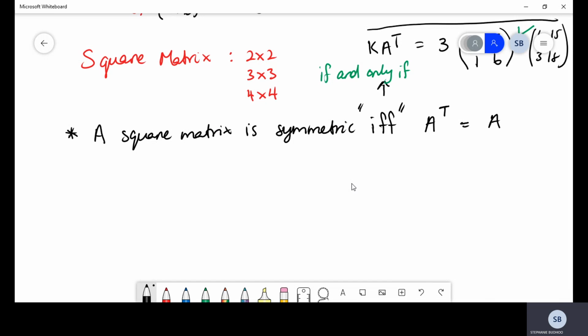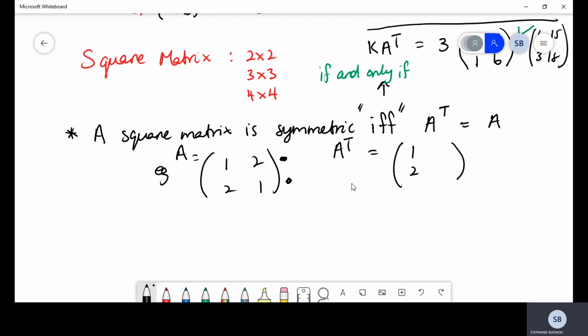So for example, consider the matrix 1, 2, 2, 1. If we call this matrix A and we transpose it, the first row 1, 2 written vertically becomes 1, 2. And the second row 2, 1 written vertically becomes 2, 1. Now, if you compare, it's the same matrix.